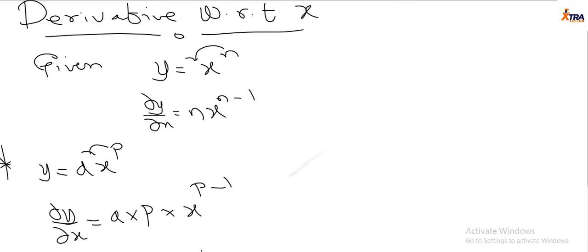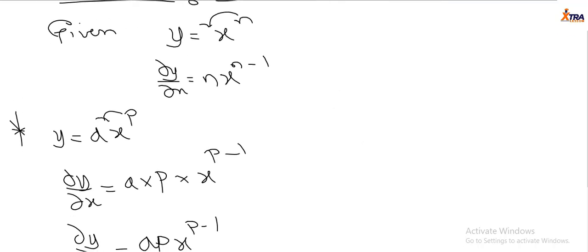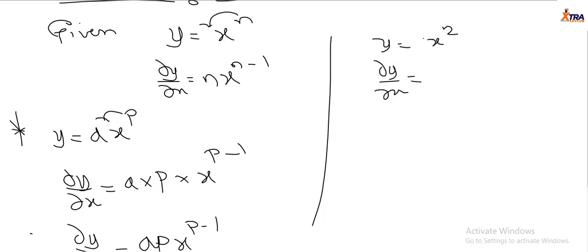So unlike the one we did using the first principle, where we had to differentiate y equals x to the power 2 using the first principle, for us to differentiate this now, it's very simple. We have dy over dx now. These two will come down.